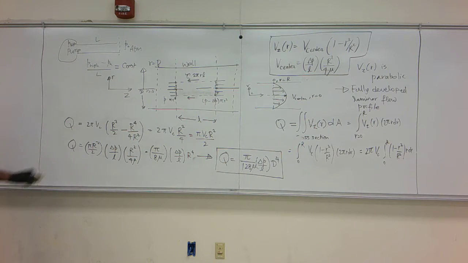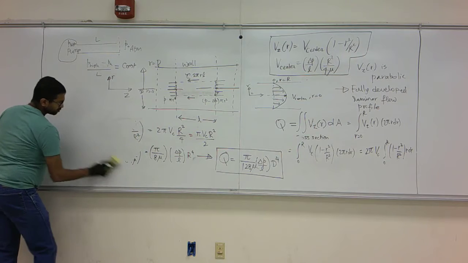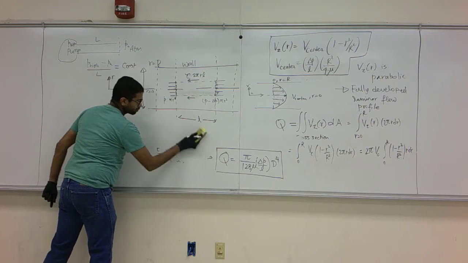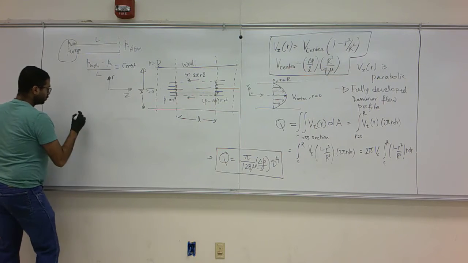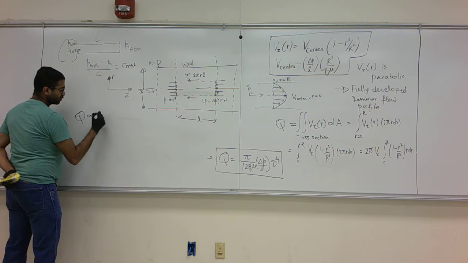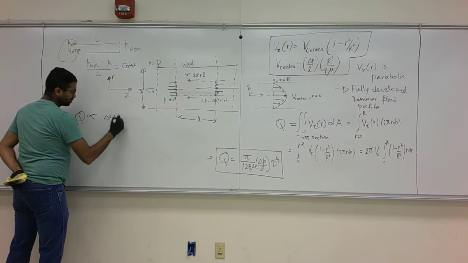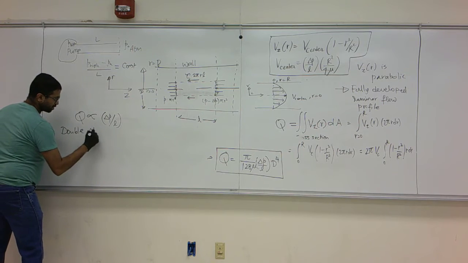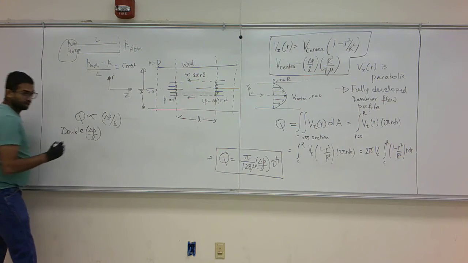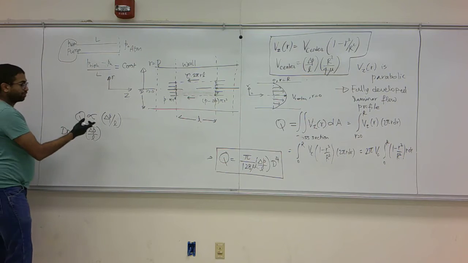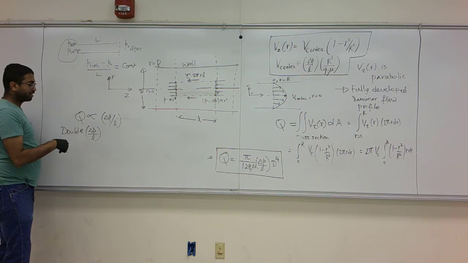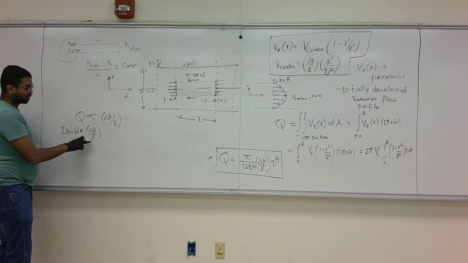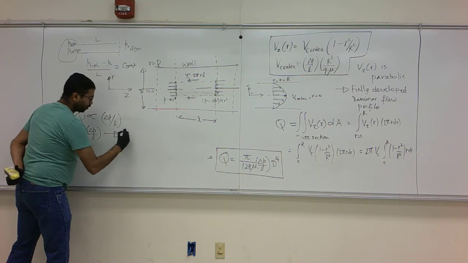So the implication of this statement is Q scales with delta P over L. That is, if you double the pressure drop, or half the length, or if you double this quantity, flow rate doubles.